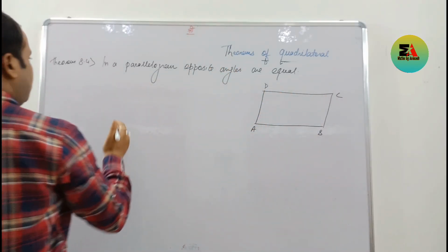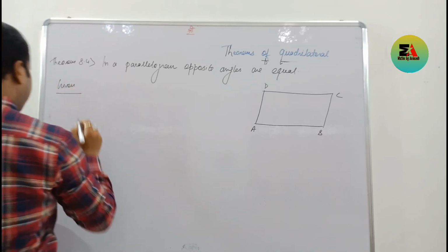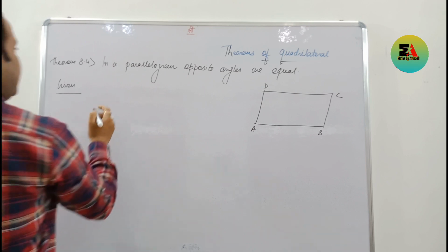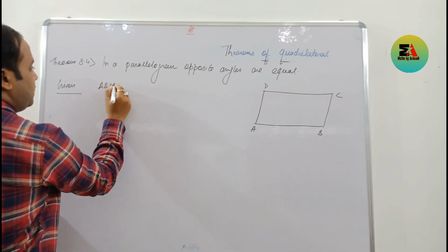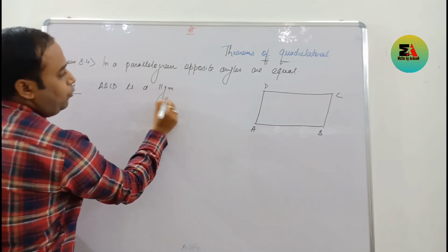Clear? Now, first of all, write the given part. What is given? ABCD is a parallelogram. This is the notation of a parallelogram.